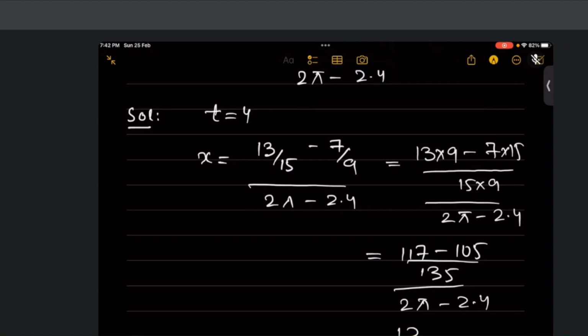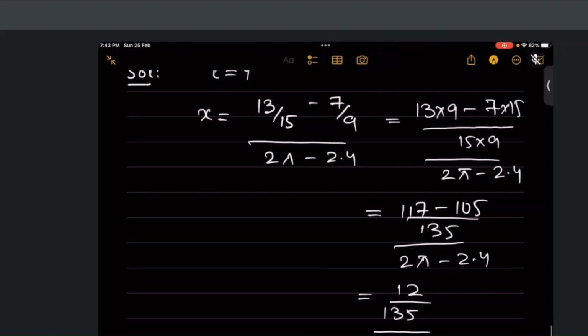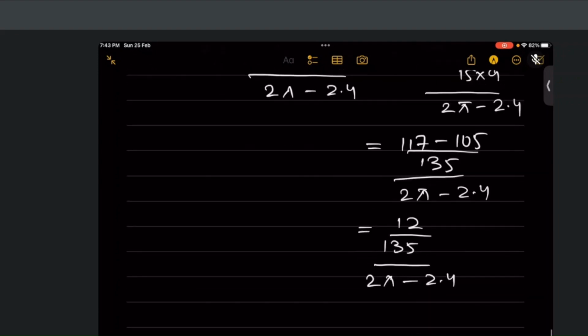This will be 12 by 135 whole divided by 2 pi minus 2.4. Now you can simply do this in the calculator. The value of x which you are getting is 0.02289071519.